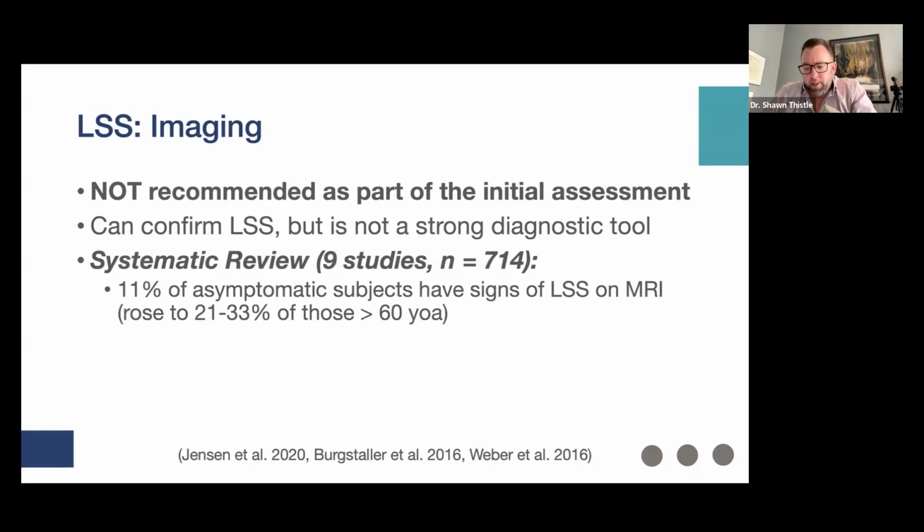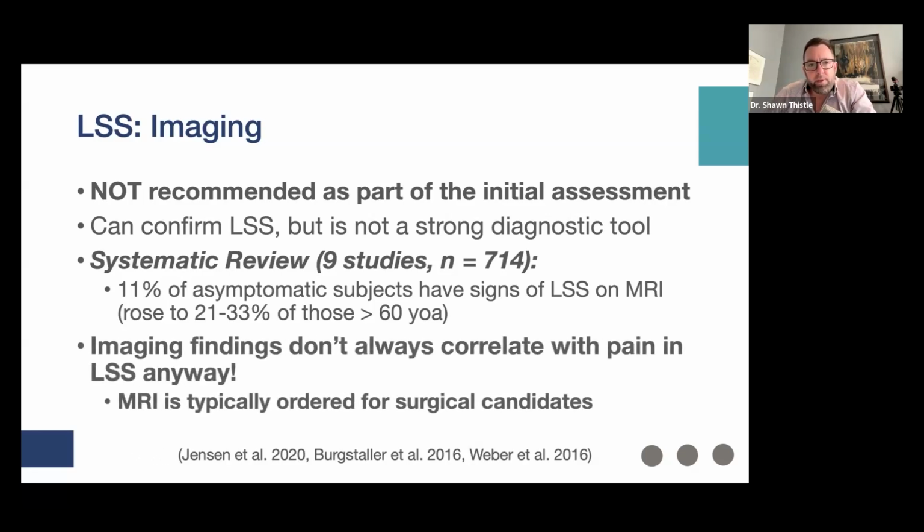But we know from imaging studies that a lot of people who are not experiencing current clinical symptoms have some findings on imaging that, if you were to look at that alone, would suggest that they have a certain condition. The other thing out of that study is that this rose to 1 in 3 patients once you get over the age of 60. So 1 in 3 patients on MRI can have signs of lumbar spinal stenosis without actually having clinical symptomatology.